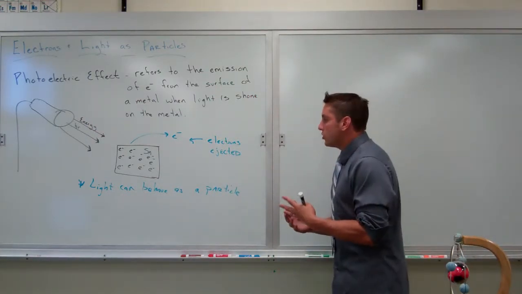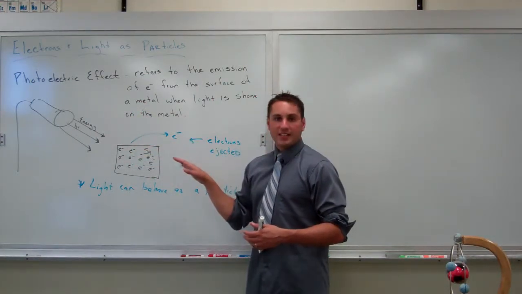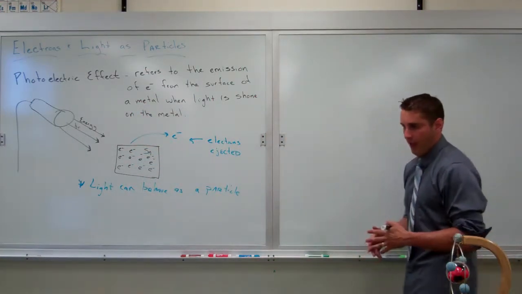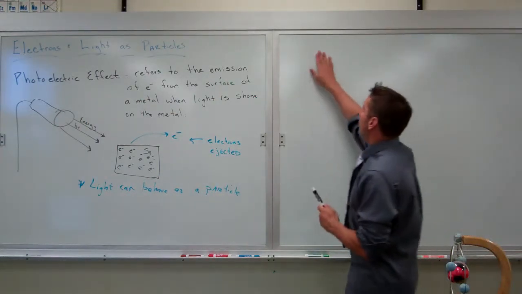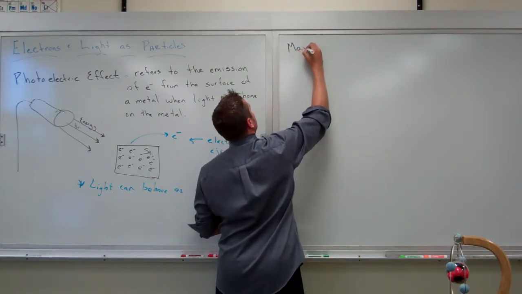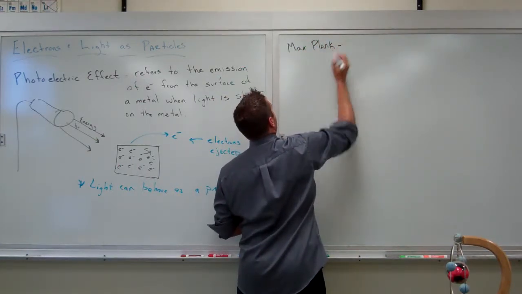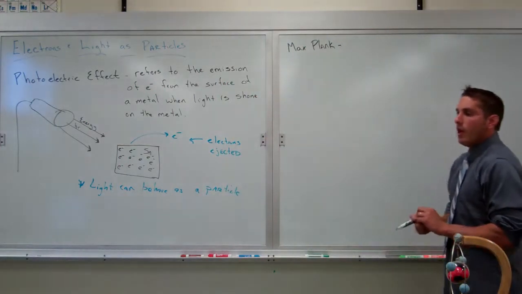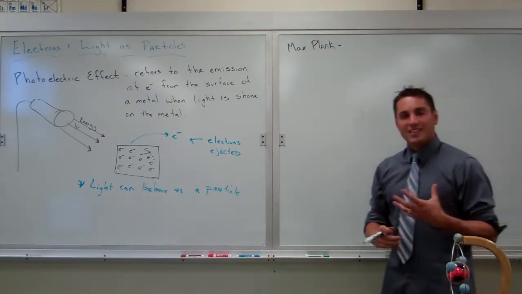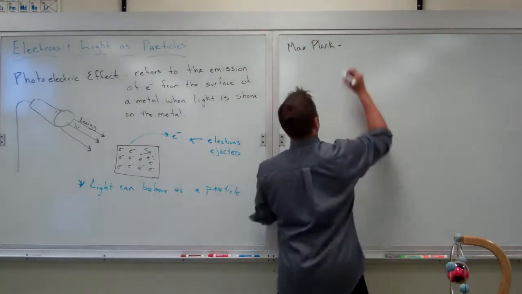That led into the idea that there's not only an amount of energy that ejects an electron, but a specific amount of energy. The person that really contributed to explaining this was a scientist by the name of Max Planck.